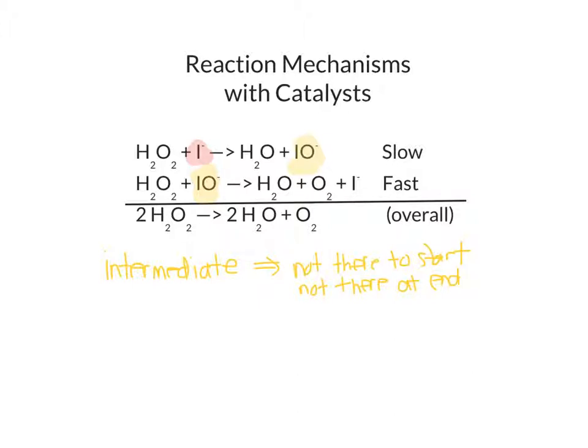We've put it into the reaction, and then it gets used up in the first reaction, but then it gets regenerated in the second reaction. When we have something that we put in deliberately and then it gets regenerated at the end so that it does not show up in the overall reaction, but it's present at the beginning and it's present at the end, we call that a catalyst.